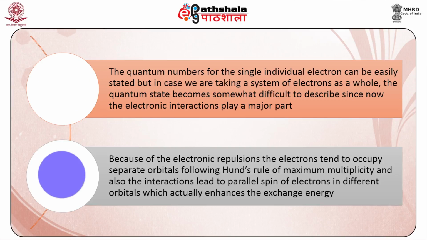Because of the electronic repulsions, the electrons tend to occupy separate orbitals. Hund's rule of maximum multiplicity and also the interactions lead to parallel spin of electrons in different orbitals, which actually enhances the exchange energy.